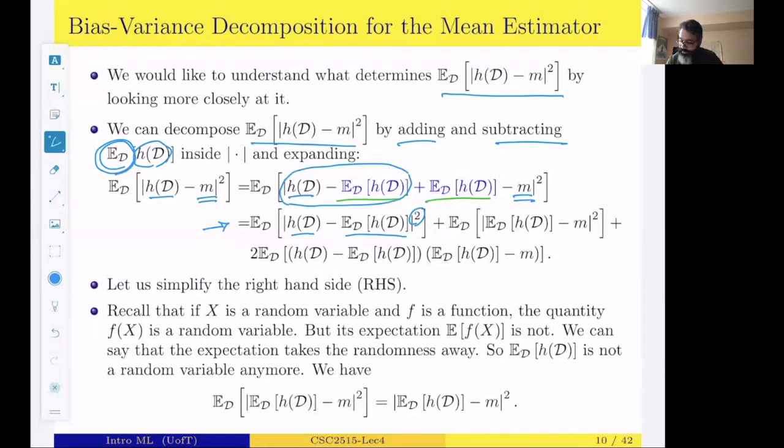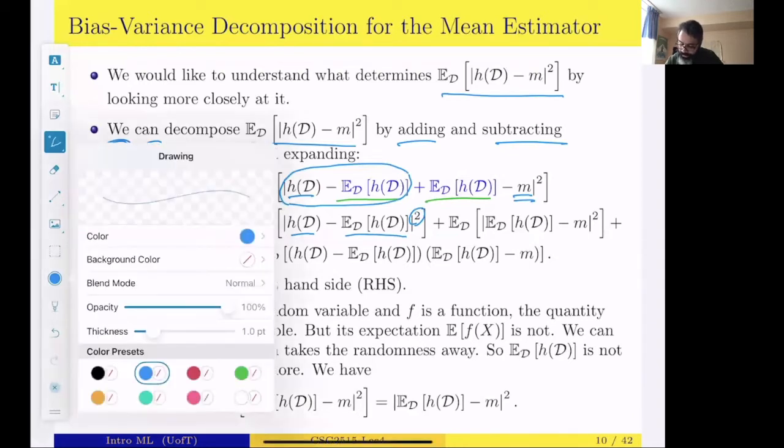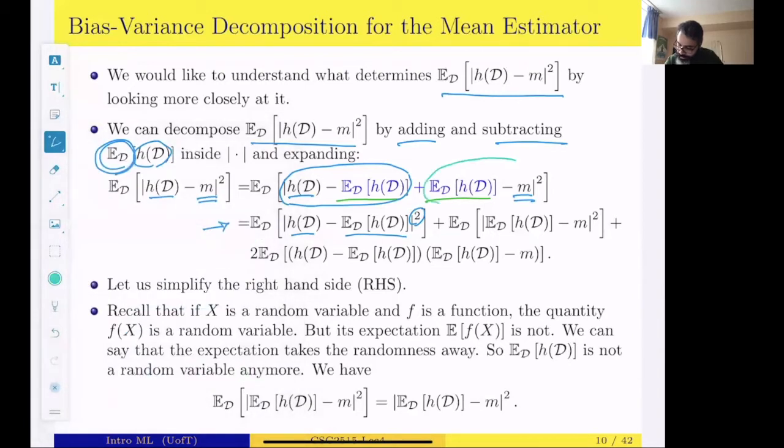And from the second 2 terms, we have expectation over d of this whole value squared, expectation of h of d minus m, and then we have the inner product of term 1 and term 2.